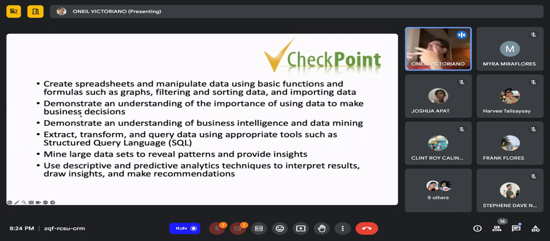So we connect business decision, optimization, performance over analytics. No? And then we demonstrate and understand the business intelligence and data mining. And then we use a quick introduction about SQL, and then mining large data set to reveal patterns.